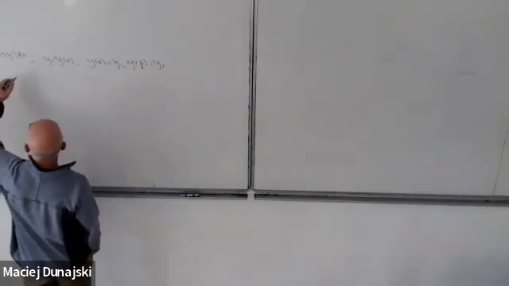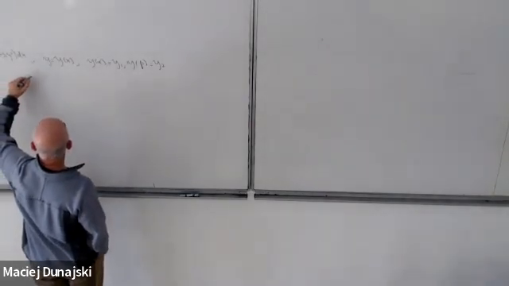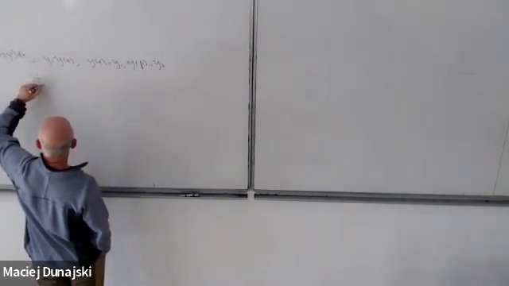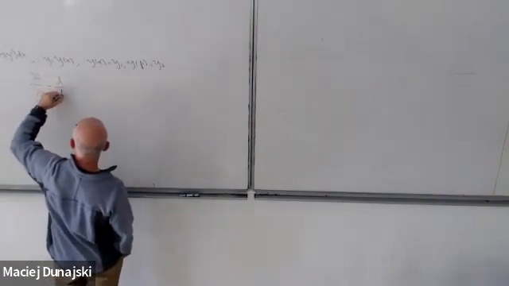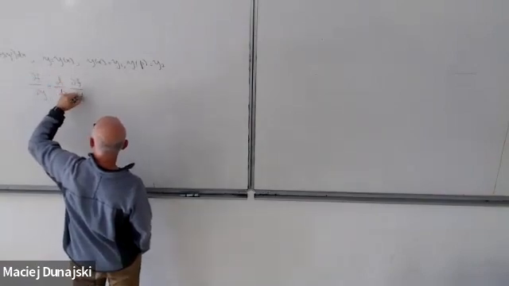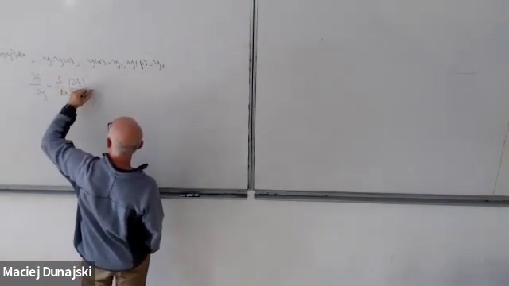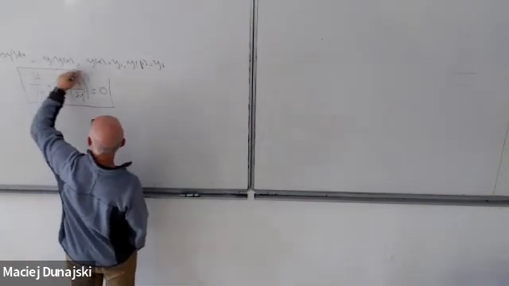Fine. Okay. And this condition was this: df by dy minus the total derivative with respect to x of df by dy prime equals 0, and that's the key equation for this part.